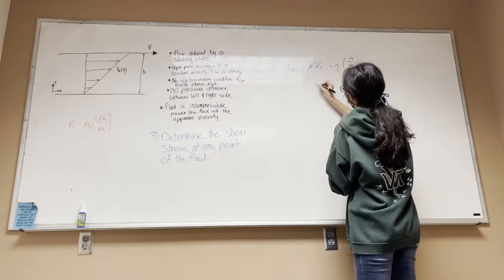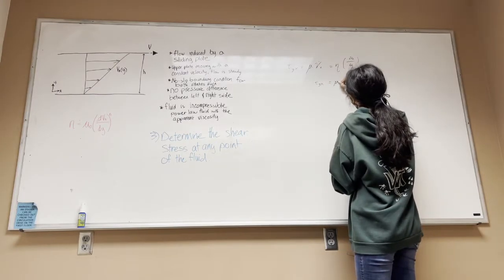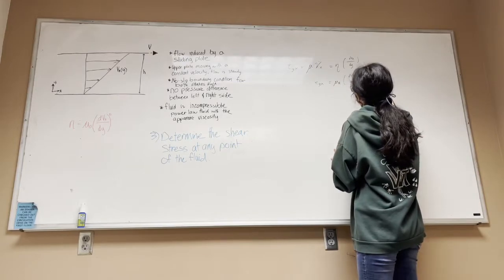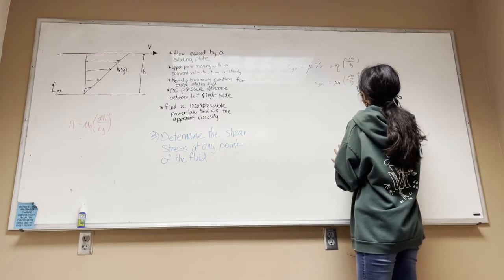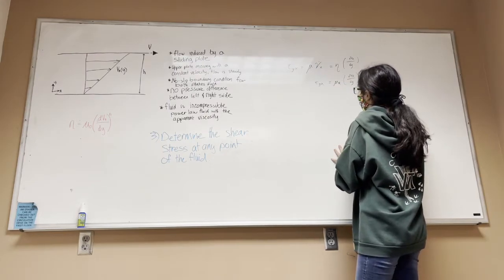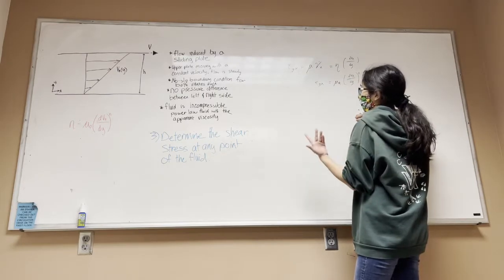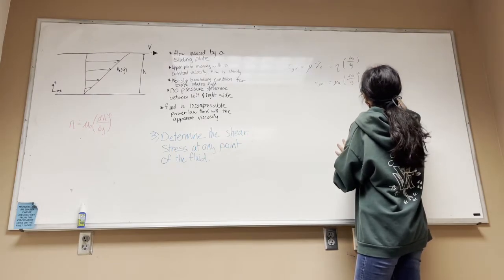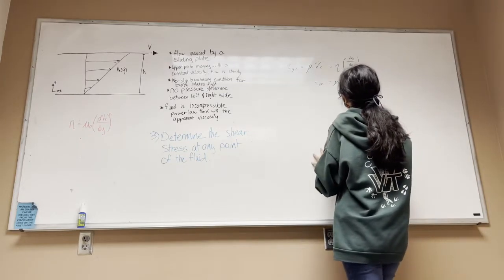So you should get shear stress equals mu naught times dvx over dy squared, and this is simply because we're setting n equal to 2 as instructed. It's easier to solve that way. If you had left it as n, it makes the problem needlessly difficult.